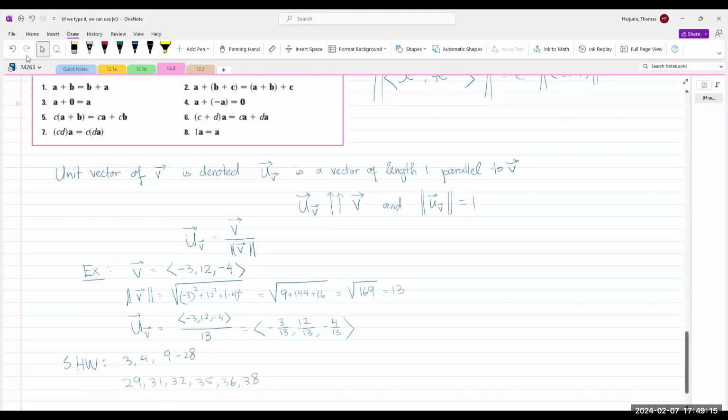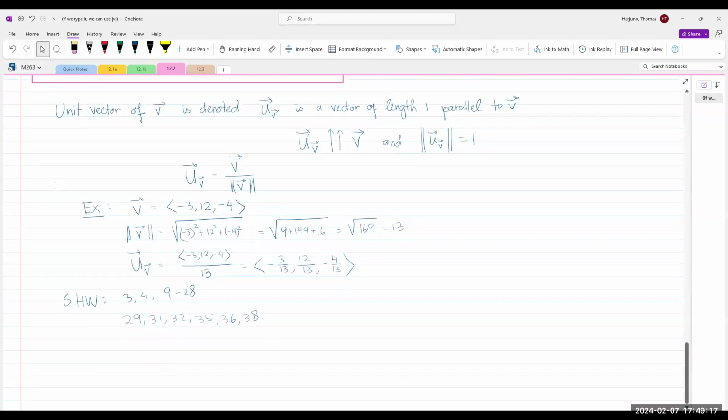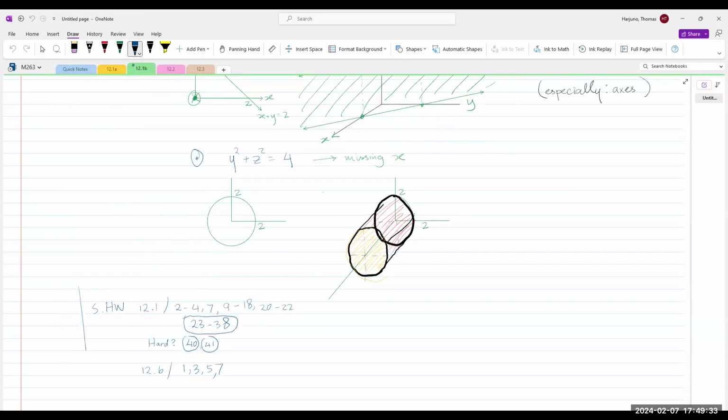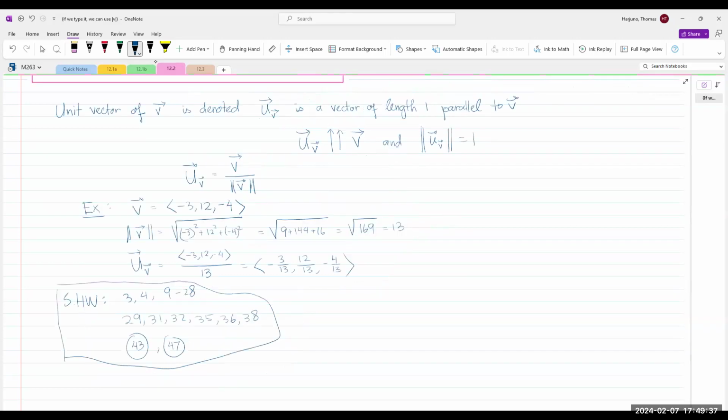And if you have a chance, please think about number 43 and number 47. You will see when I give you the suggested homework, the one I circle is the one that may make you think a little bit, but it's more into the conceptual idea though. Let me box that here.